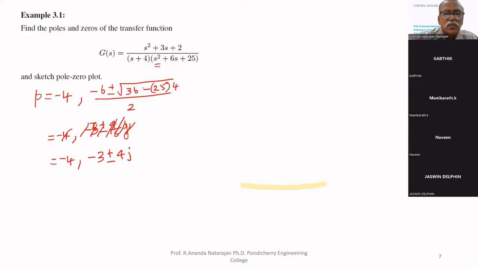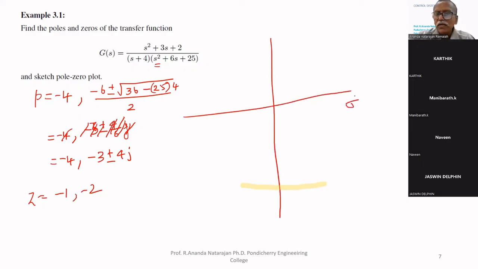So these are the poles. Zeros are -1, -2, -1, -2 in the S plane. At -4, one pole. Another pole is at -3, -4.